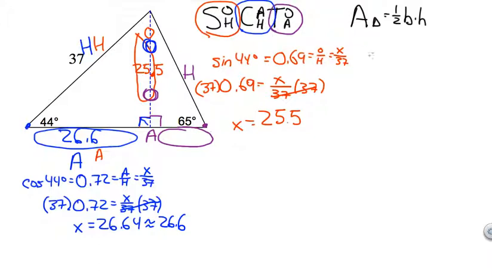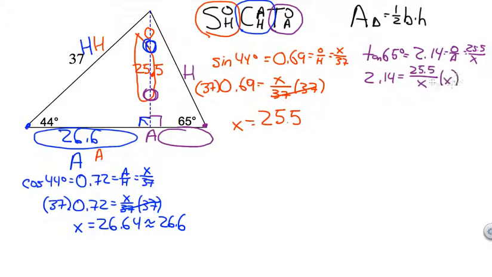And what I know is that the tangent of 65 degrees equals 2.14. And like all tangents, that's equal to O over A, which in this case is equal to 25.5 over x. Okay, so let's solve this. 2.14 equals 25.5 over x.